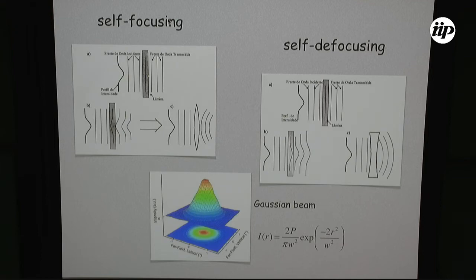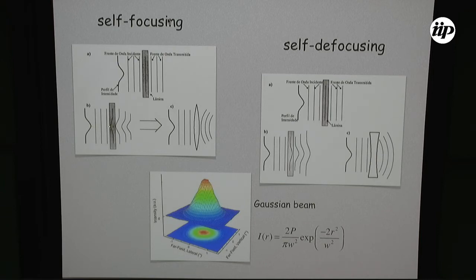If we shine on a sample which does not present a nonlinear optical response, we have wave fronts that pass through the sample, and we also have wave fronts after the sample. There is no modification of the wave front if your medium does not respond nonlinearly to the interaction with the field. On the other hand, you can have this type of behavior.